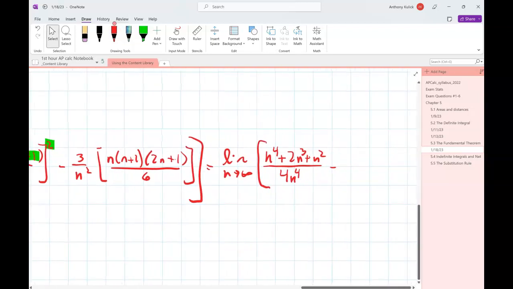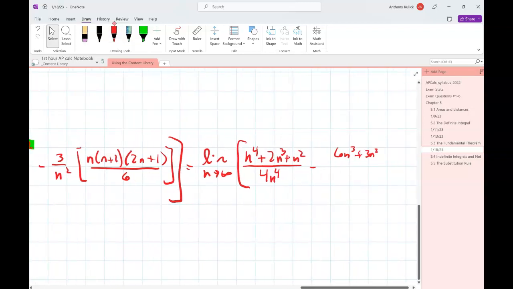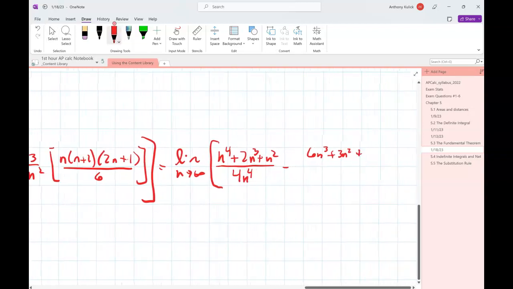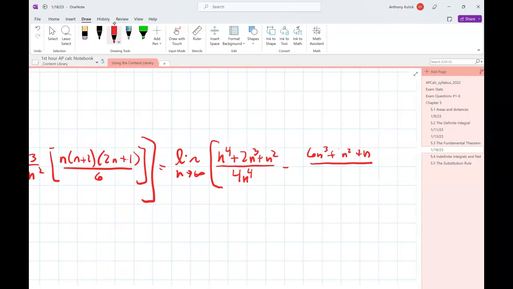And then the other one I'm going to have 6n to the 3rd plus 3n squared plus n all over, that should be a 9, and that should be a 3, sorry, over 6n cubed.